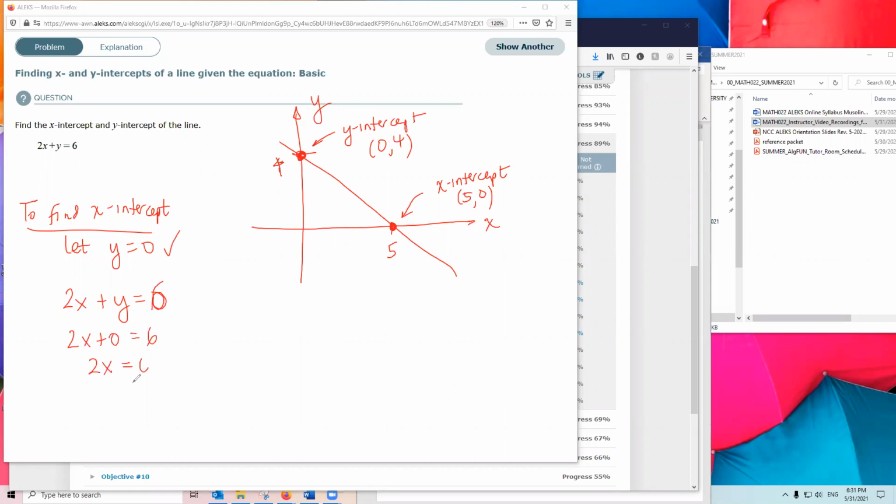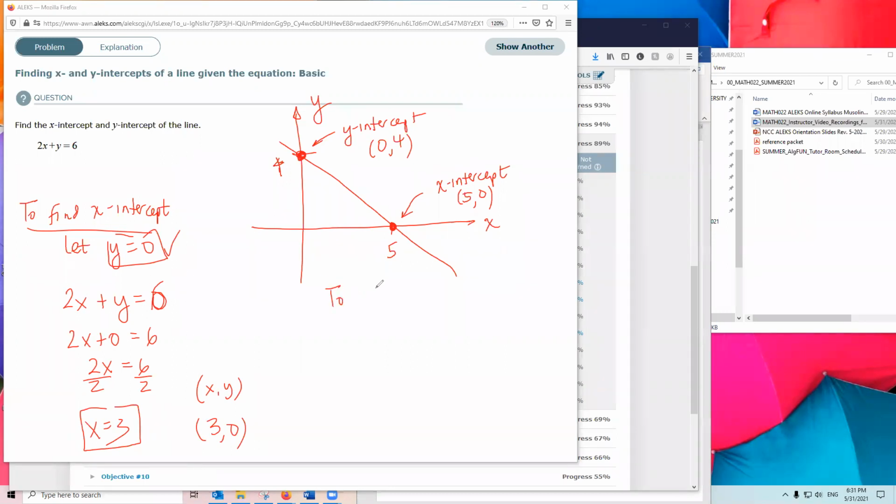That's 2x equals 6. Divide both sides by 2, x equals 3. So the x-intercept here is 3, 0, because the x value is 3, the y value is 0. If I wanted to write that in XY format, I would write it as 3, 0. The graph is crossing the x-axis at 3.